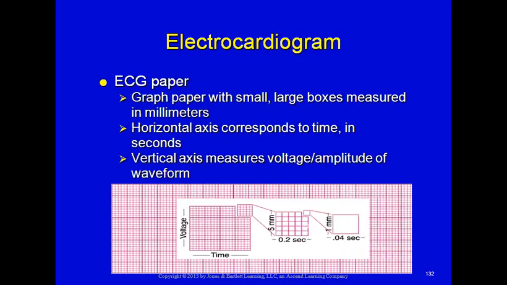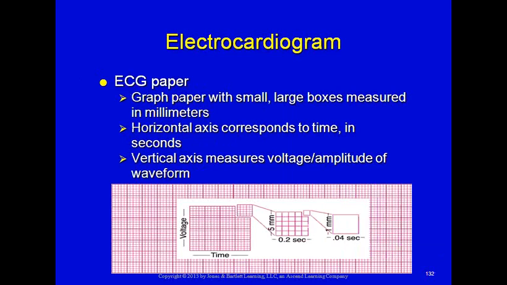Now your ECG paper is graph paper that has small and large boxes that are measured in millimeters. When I go from left to right, looking at those small boxes, I'm looking at time. When I go from bottom to top, I'm measuring voltage. Each small box from left to right equals 0.04 seconds. So 5 small squares, or 1 big box, would equal 0.2 of 1 second.